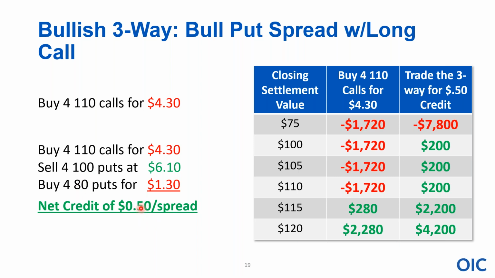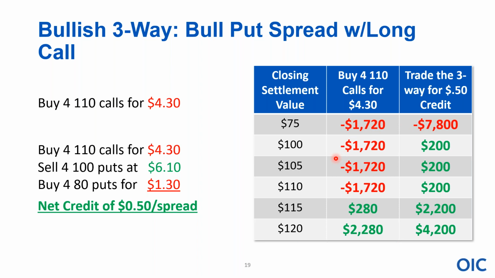We did this for a 50-cent credit, so 19.5 points is what we're risking overall. If you do the math, 19.5 points times 100 times 4, that's $7,800. So a lot larger risk. That's the downside, and it's a much more significant capital requirement than buying calls outright. This is a significant negative for doing a three-way.